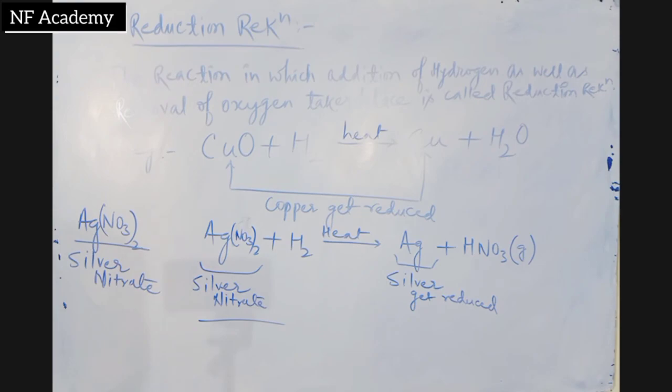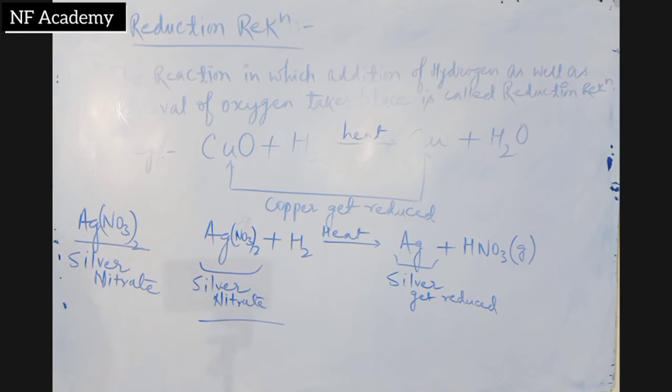So not only oxygen, you can mention other compounds or reactants also, as long as the removal as well as addition take place in the same manner. In the first example, copper oxide reacts with hydrogen to form copper plus water, so copper oxide gets reduced to copper.